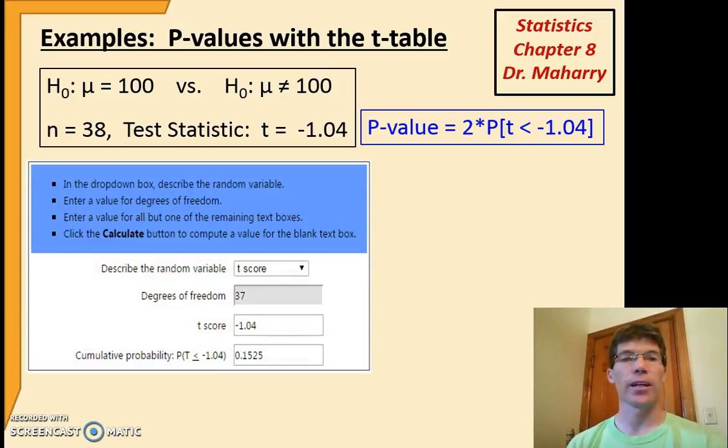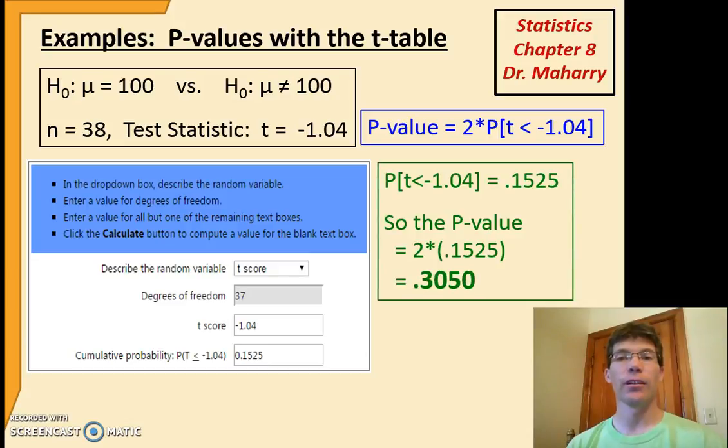So if I go to StatTrek, plug in 37 degrees of freedom, sample size minus 1, a t-score of negative 1.04, I get 0.1525. So the lower tail is 0.1525. So if I double that, I get 0.3050. So for a two-tailed test, the p-value would be 0.3050. And so that's one way to find p-values using StatTrek.com.